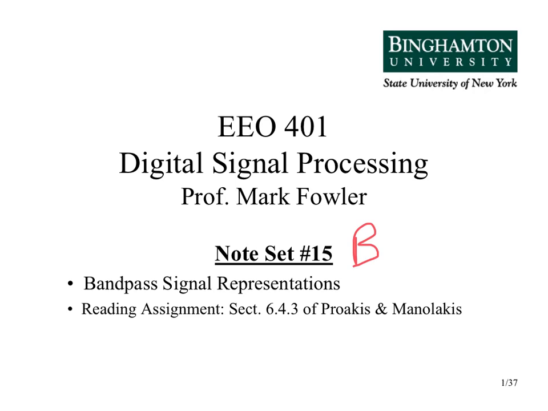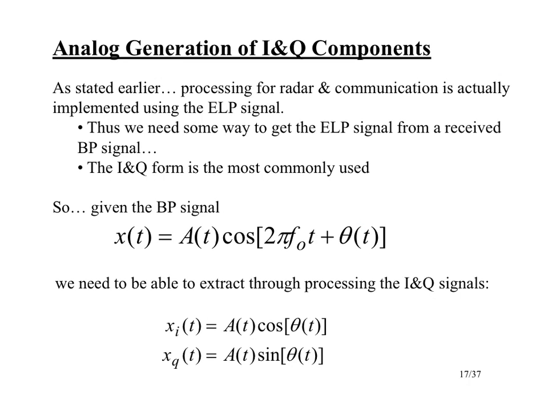If you remember, we had established some ideas that link a bandpass signal to components called the I and Q signals, in which the I is the real part of the equivalent low-pass signal, and the Q is the imaginary part of the equivalent low-pass signal.